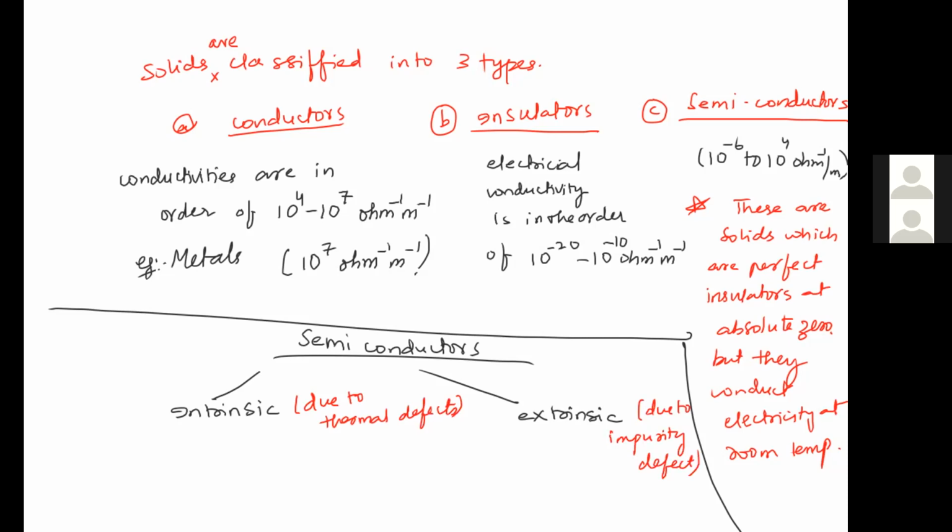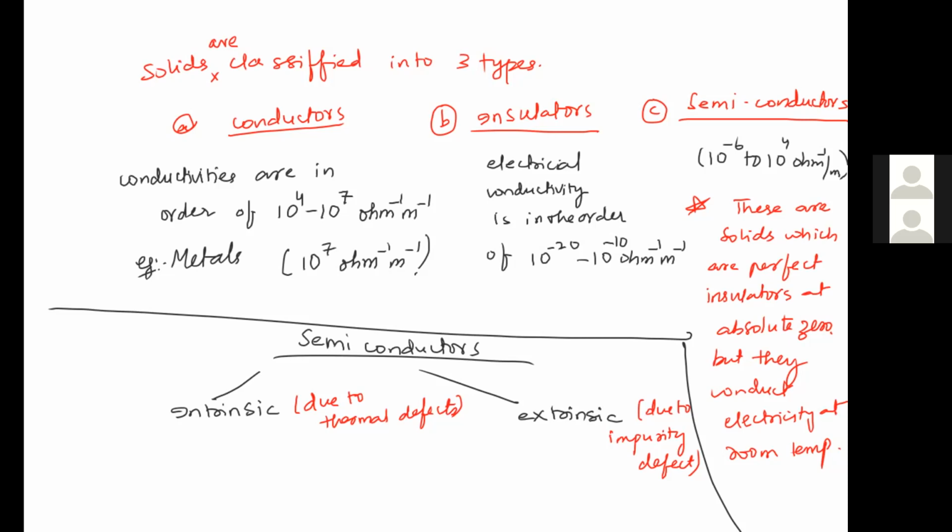At 0 Kelvin, pure substances like silicon and germanium actually act as insulators because electrons fixed in the covalent bonds are completely bonded, no electrons for conduction. But at high temperature, some of these covalent bonds are broken and the electrons are released, and they become free to move in the crystal, and thus they start conducting electricity.